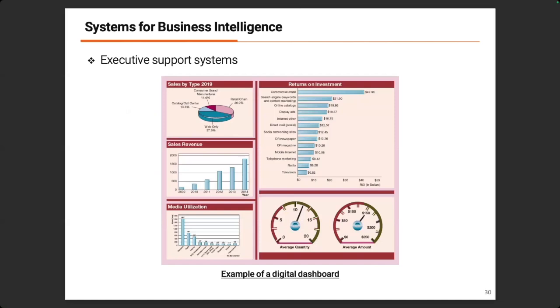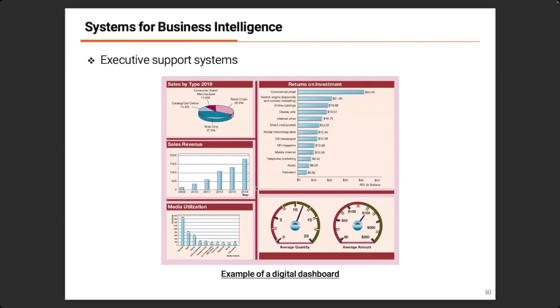Also, this digital dashboard can display the key performance indicators for managing a company, such as sales revenue or returns on investment, or some media utilization things. There can be more detailed information in each part. Maybe sales revenue has more detailed information, such as the sales by regions or sales by department.